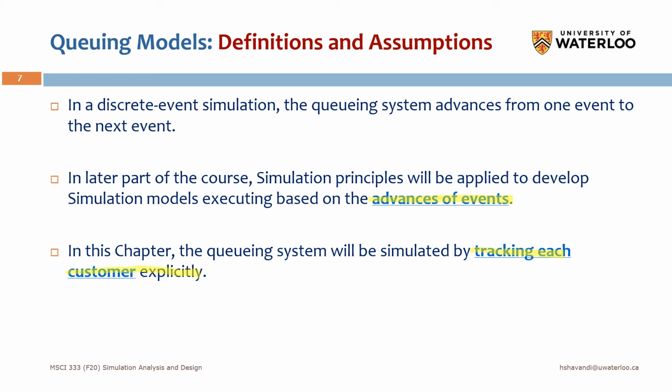In chapter 2, in order to implement the DES simulation models in Excel, we apply the approach of tracking each customer explicitly instead of advancing events. Then in chapter 3, we will go with the advancing of event list, and you will see how these two approaches are different, and how, for example, Arena works and how a model in Excel works.